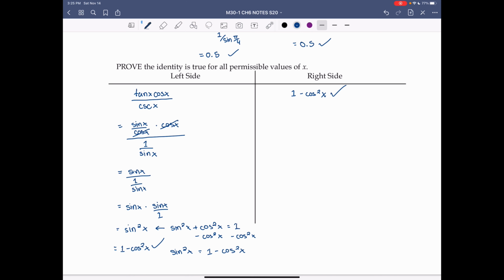And let's just restate our non-permissible values in case you're looking back while doing a question and don't notice them up above.